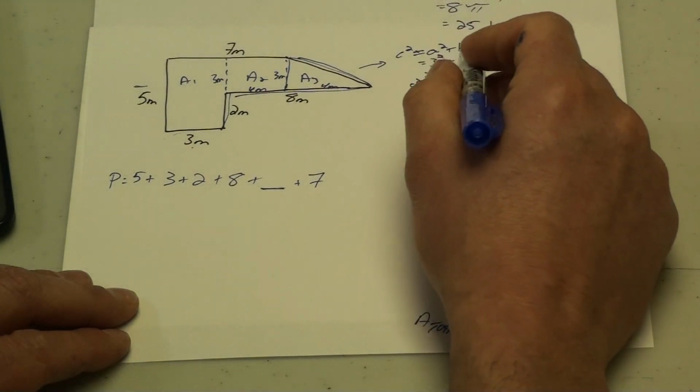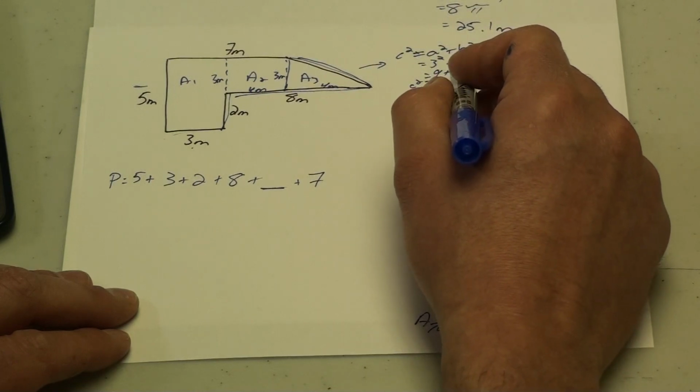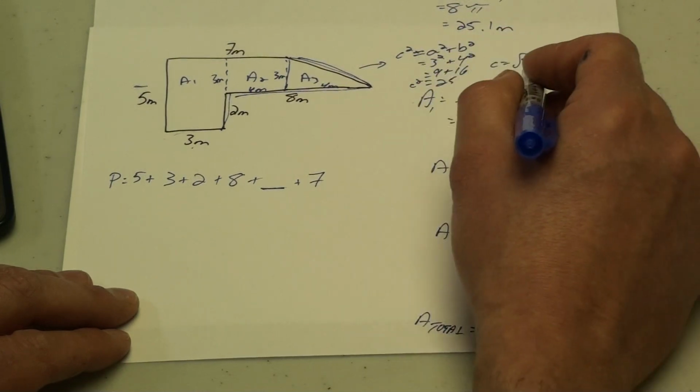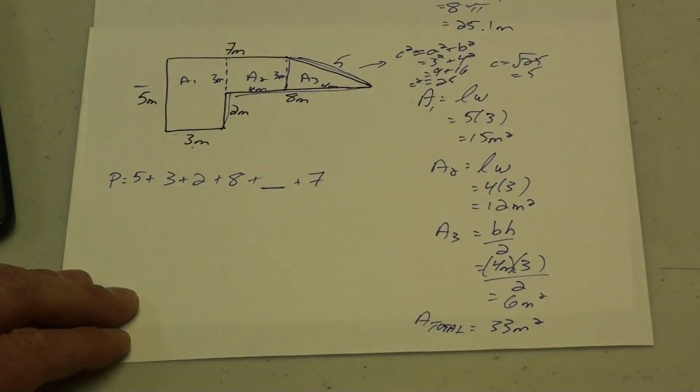So you add up the squares of your two shorter sides, a squared plus b squared, 3 squared plus 4 squared, and then I take the square root at the end. So that diagonal part is 5 meters.